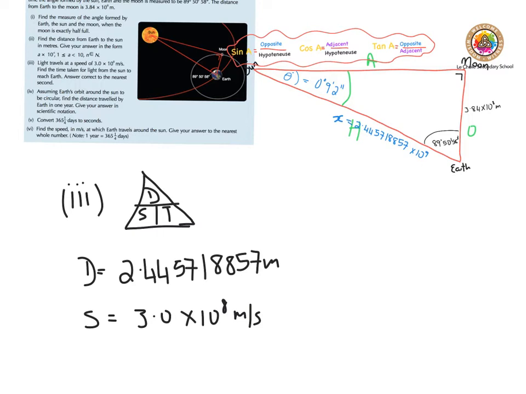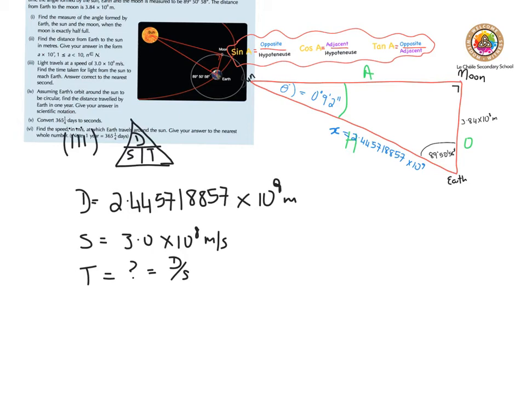And actually, I should just put in here that that's by 10 to the power of 9 meters. Okay, and so our time is our unknown, but we know that it is equal to distance divided by speed. So off we go. We're just going to solve this very quickly.